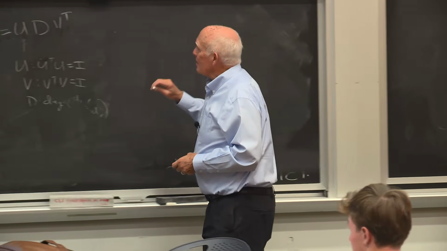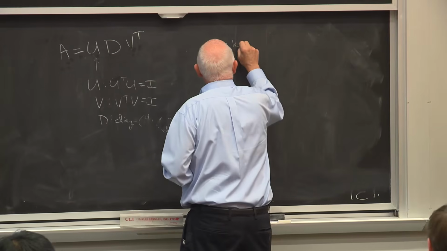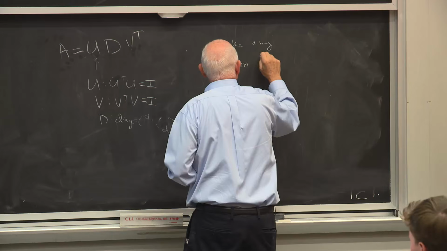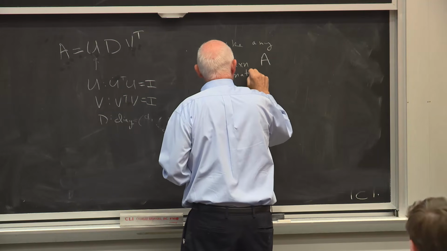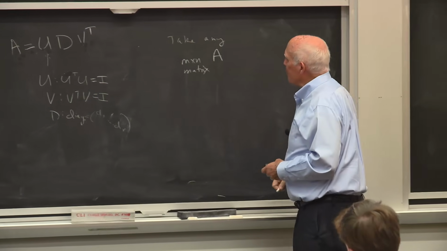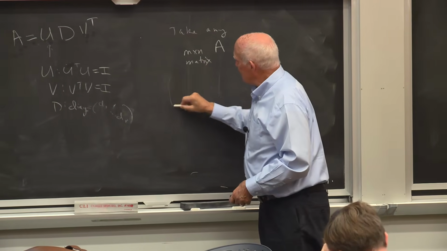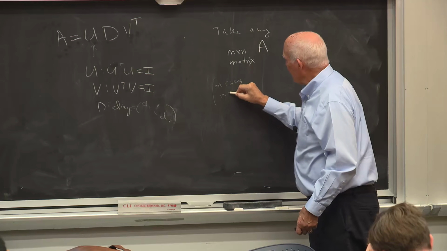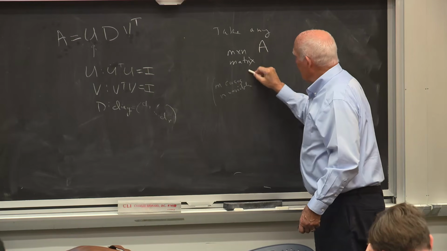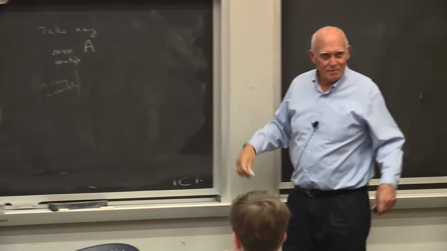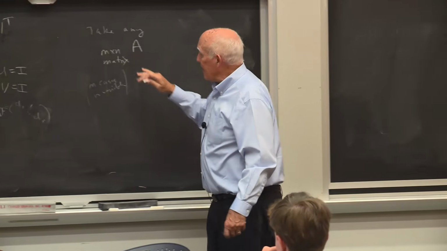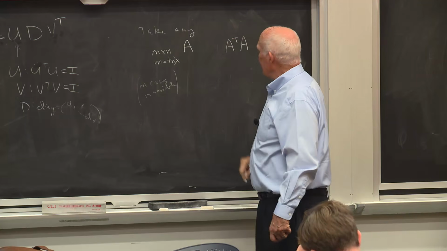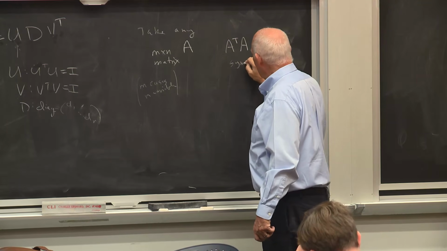Now, if we take any, let's say here an m by n matrix A, it's often the case that we have m cases in a data set and n variables. And so this corresponds to a data matrix for an analysis of some data. If we take A transpose A, then this is a symmetric real matrix.